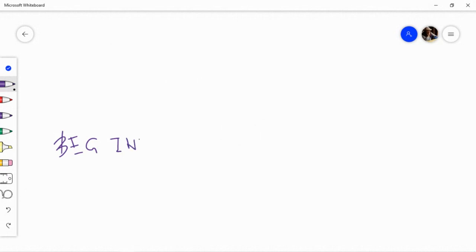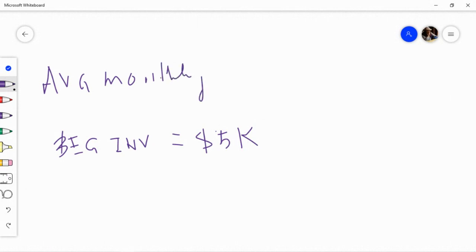Beginning inventory. Suppose you had beginning inventory of 5K. We assumed on average monthly sale of 20K, right?